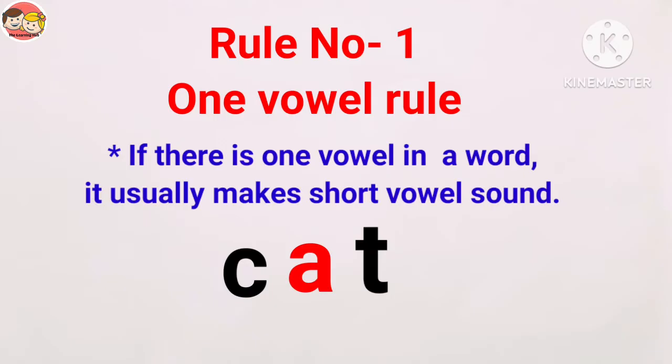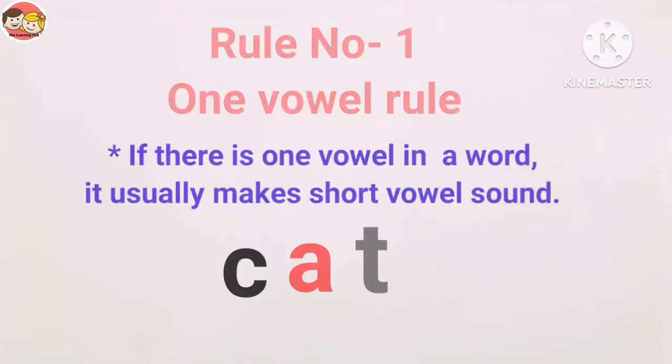So there is only one vowel, that is A. So it makes the short vowel sound like ah, not A. So let's sound it out. K, A, T, cat.